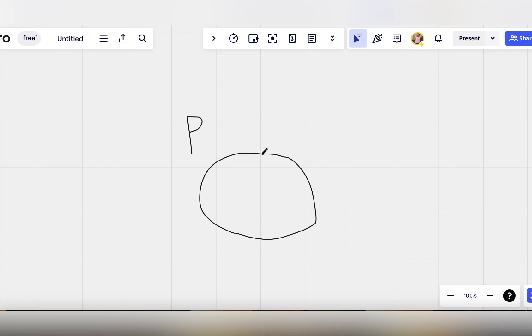Okay, so let's say this is the structure. The inner has a star, something like this.